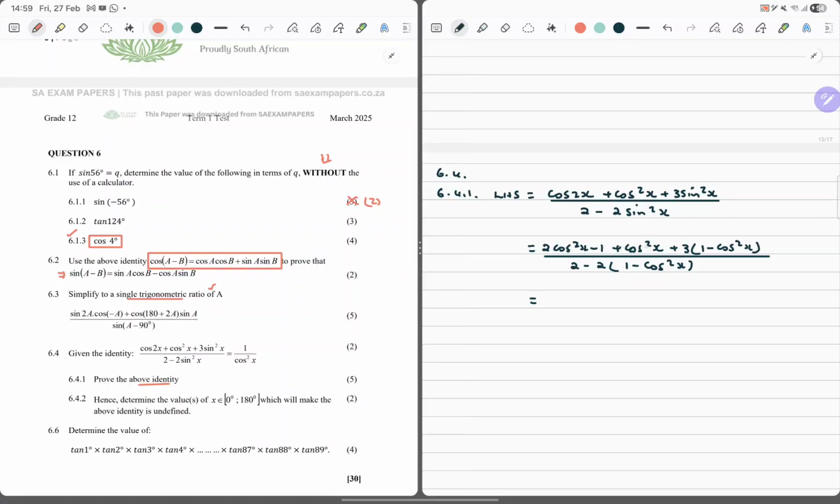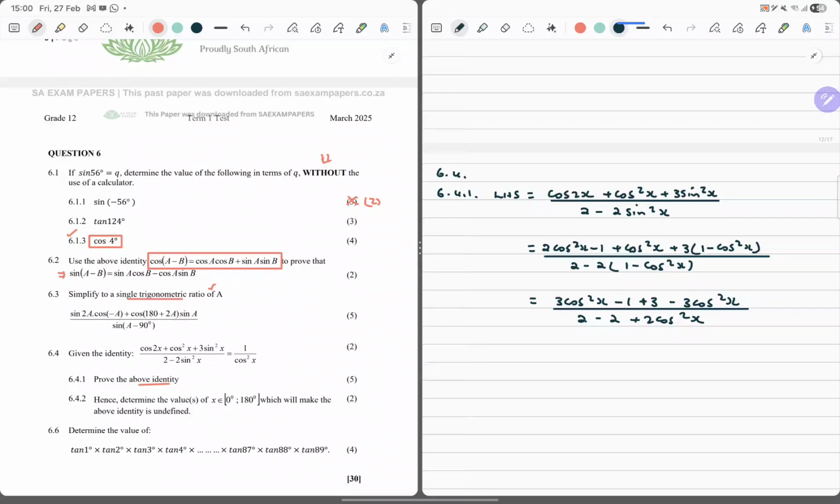So 2 cos squared x plus cos squared x is going to be 3 cos squared x minus 1. Then we FOIL here, which is going to be plus 3 minus 3 cos squared x, all divided by 2 minus 2 plus 2 cos squared x.